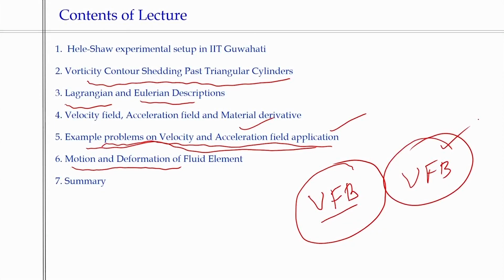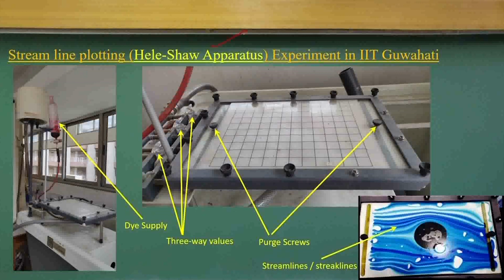So let us have today's lecture, and let us start with the experimental setup which we call the Hele-Shaw apparatus, okay, where we can generate a constant flow, and there are patterns of color dye we can inject. As we inject the color dye, it follows the path lines or the streak lines.